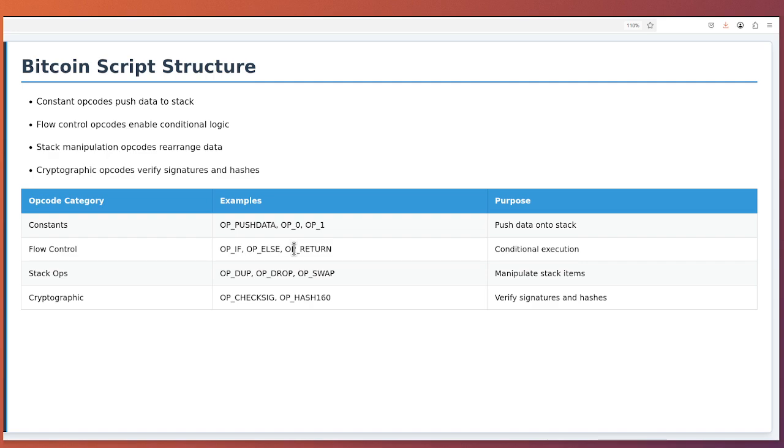There are also time lock opcodes like OP_CHECKLOCKTIMEVERIFY and OP_CHECKSEQUENCEVERIFY which enable time-based contracts. Understanding these opcodes is essential for understanding what kinds of contracts Bitcoin can execute.